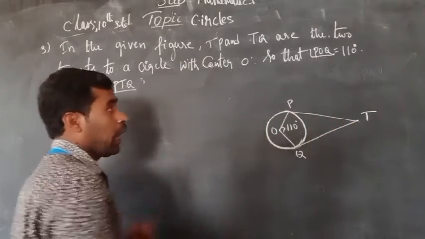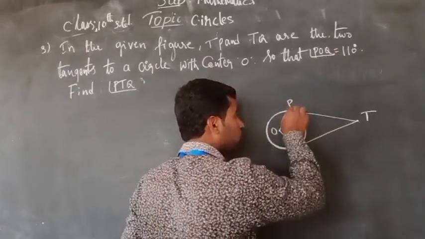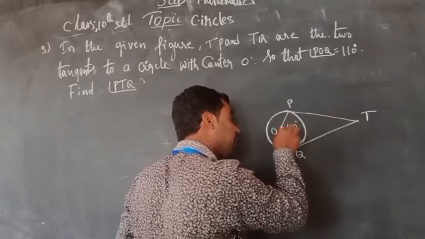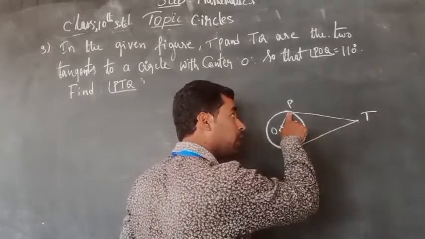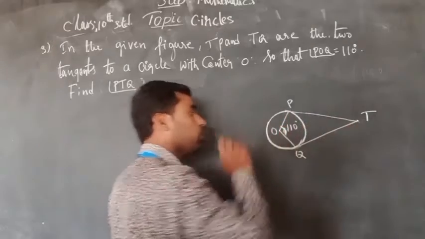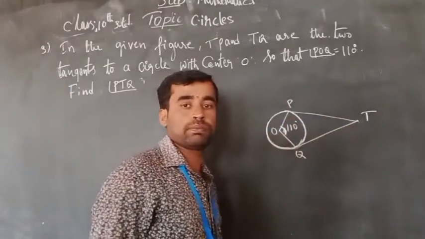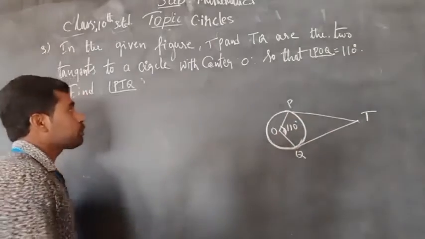So that angle POQ is equal to 110 degrees. Then find angle PTQ.